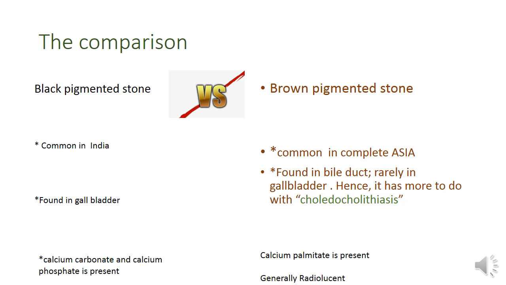And the most important difference between the two is something I've not listed here. It is that brown pigmented stones are found in infected bile, most commonly bacterially infected bile, whereas black pigmented stones are found in sterile bile, that is bile which is free from any kind of infection.